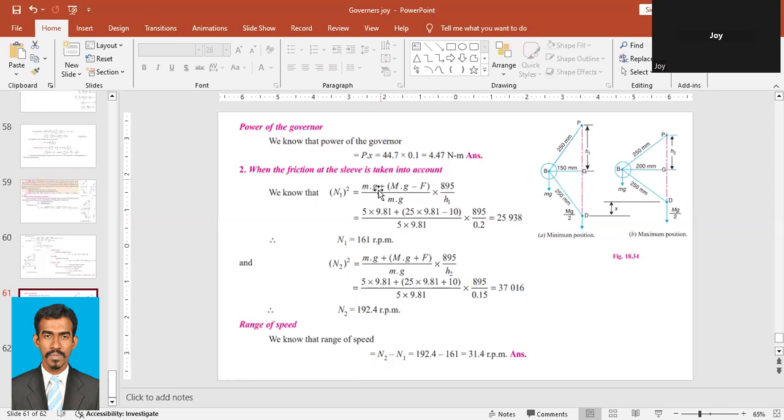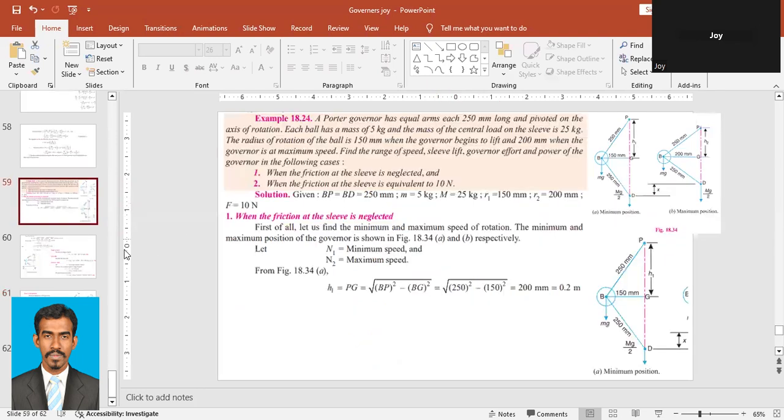Small m is 5, the mass of the ball, G gravity 9.81, plus capital M, that is 25, the sleeve weight, into G 9.81, minus F, given as 10 Newton, upon small mg, 5 into 9.81, into 895 upon H1. H1 we have already found here, that is 0.2 meters.